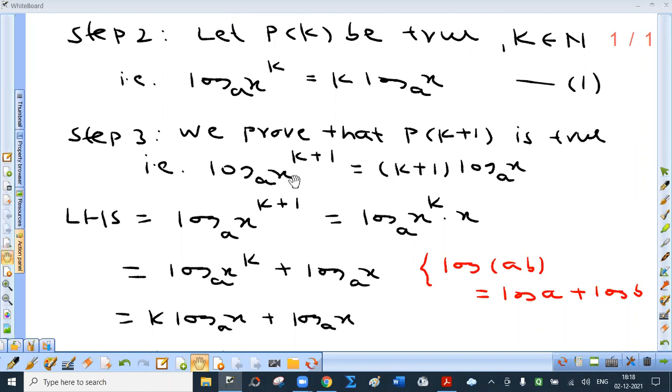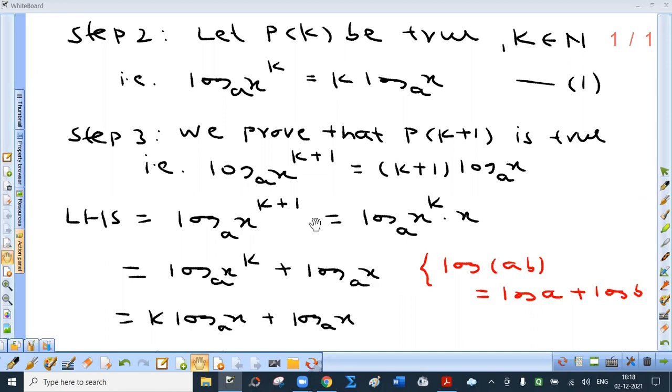LHS. What is log of x raised to k plus 1? Laws of indices. X raised to k into x. Now log mn, or here log ab, is log a plus log b. That is logarithm of product is sum of the logarithms. Okay. So, log of x raised to k to the base a plus log x to the base a.